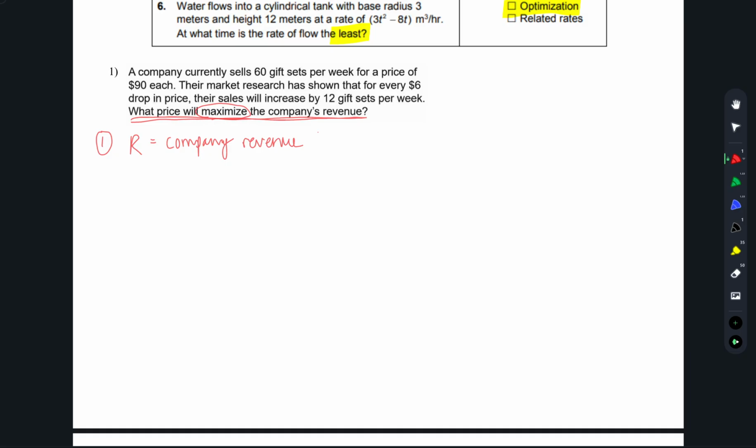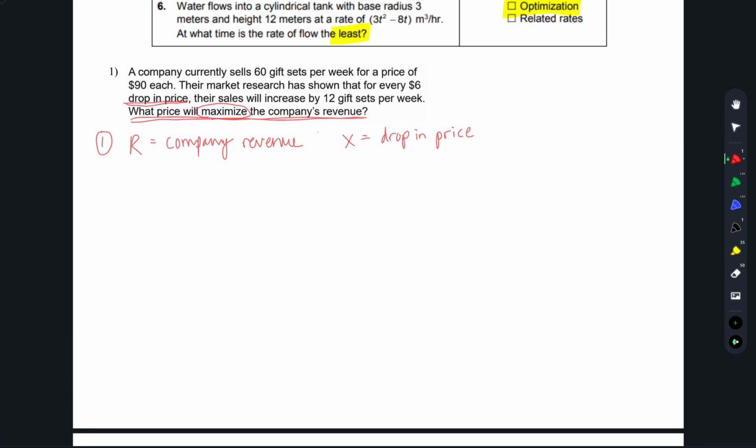My revenue is changing with the amount of gift sets, but it's more about the cost of them, because they're saying their market research has shown for every drop, your sales increase. So your x for this one is going to be your drop in price, because that's what's affecting your revenue and also how many you sell. So x is going to be the drop in price.